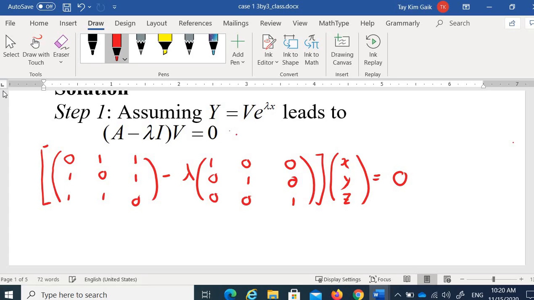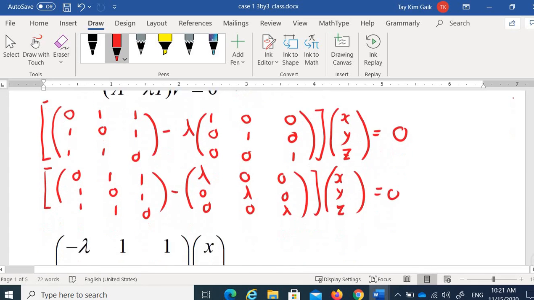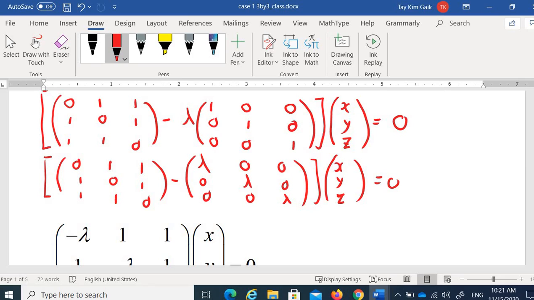Hence, A minus lambda I is the matrix 0, 1, 1, 1, 0, 1, 1, 1, 0 minus lambda times the identity matrix, which only affects the diagonal, times x, y, z equal to your 0 vector.